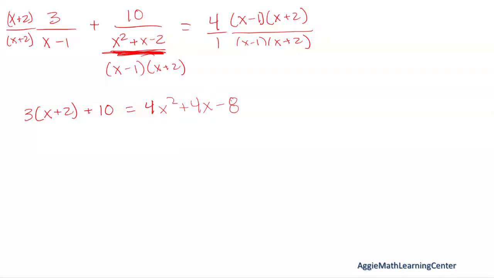Okay, beautiful. Okay, what about this 3 times x plus 2? 3x plus 6. Yep. Okay, I'm going to go ahead and combine these like terms, that's 6 and 10 right there.